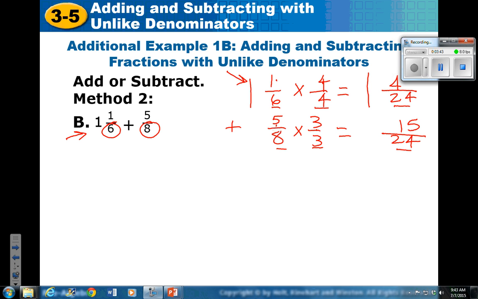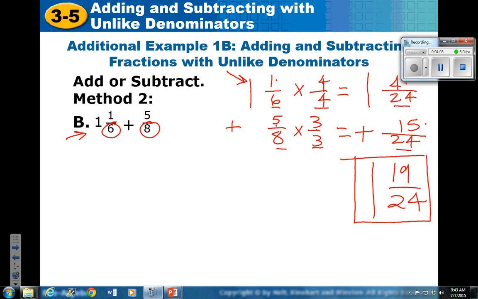Now we can add these because they have a common denominator. 4 plus 15 equals 19 over, keep the denominator, 24, and bring down your whole number 1. Nothing can be simplified there, so our answer is 1 and 19/24.